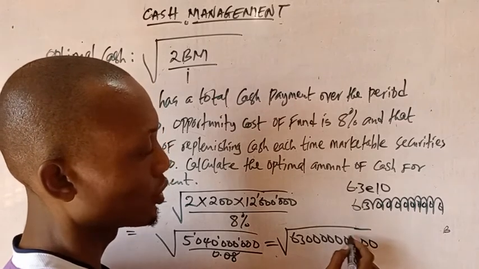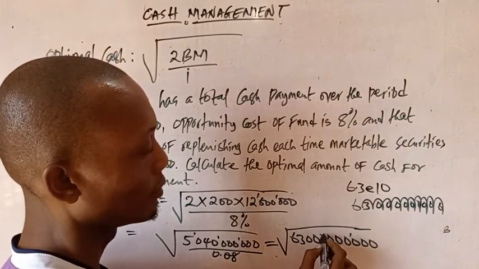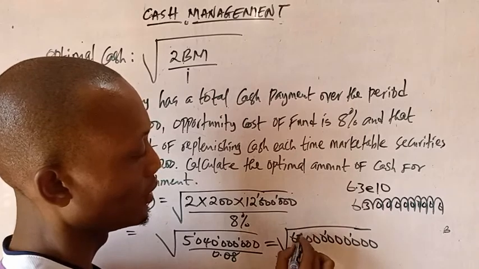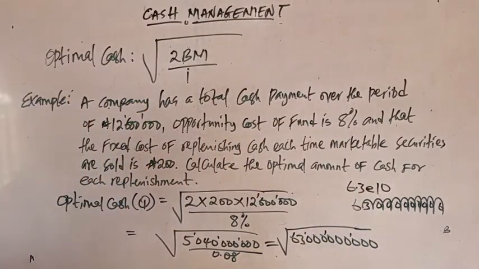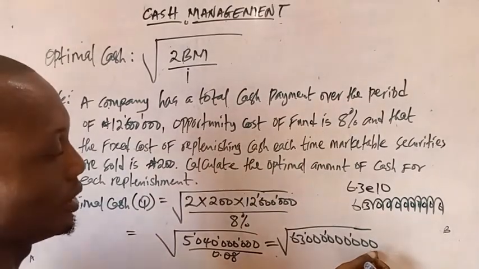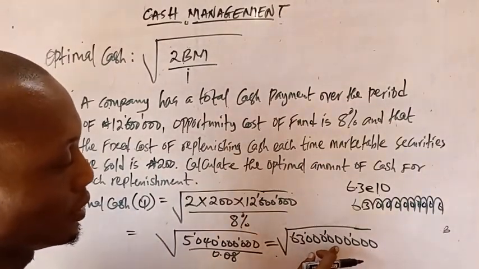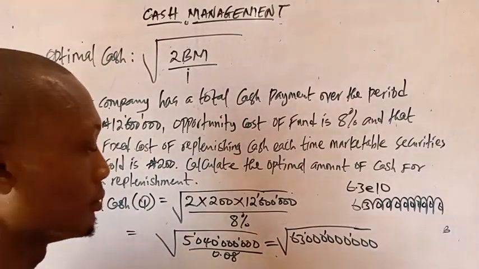So now start to put your commas there. So you have 63, 63 what? How many is it, billion? 1, 2, 3. 63 billion.